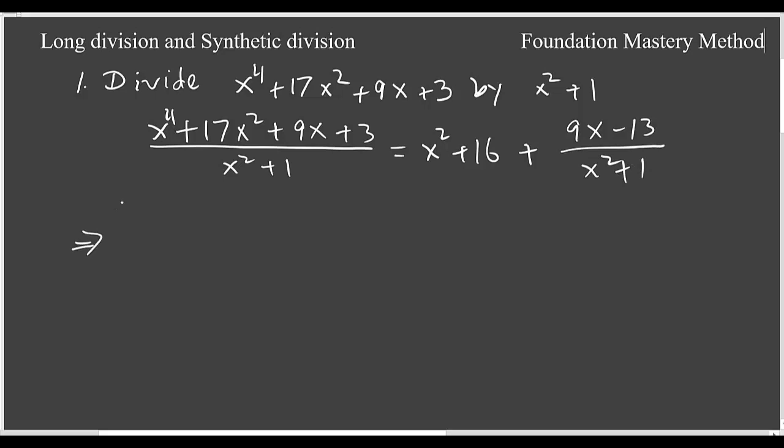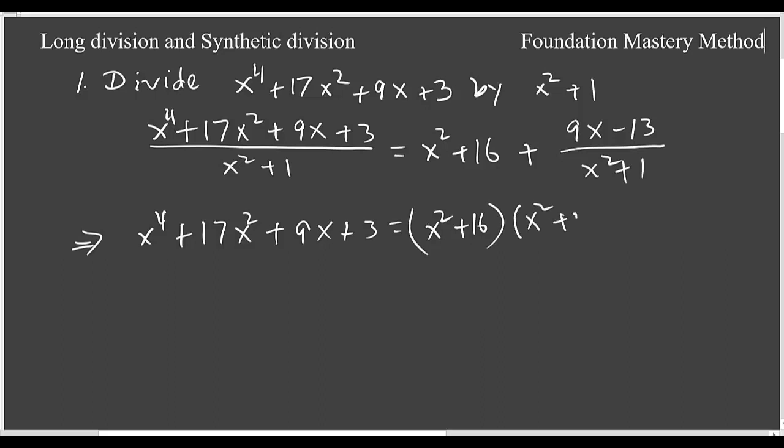Now from this, one more thing you can see that x to the 4 plus 17x squared plus 9x plus 3 is the same as x squared plus 16, times x squared plus 1, plus 9x minus 13. So this is the form.